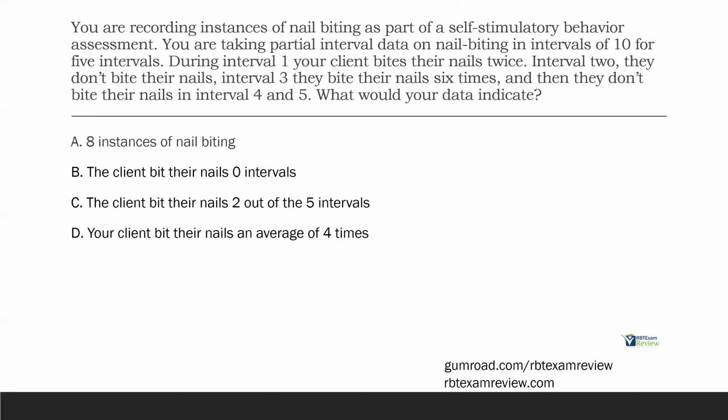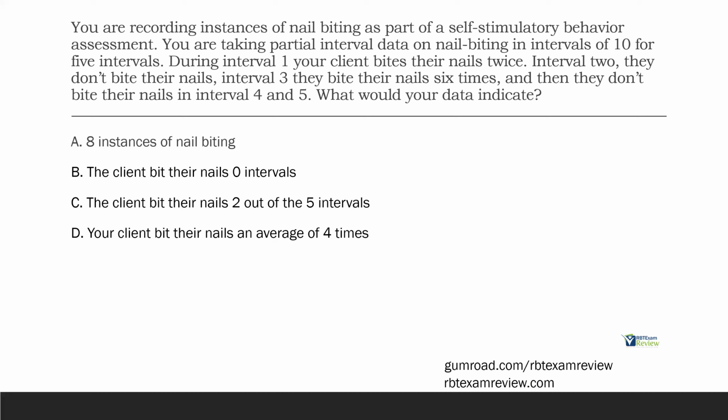But what kind of data are we taking? Well, look at the second sentence. You're taking partial interval data. So what do we know about partial interval data? We know that if the behavior happens at any point during our intervals, it counts as a response. How many responses? Just 1.